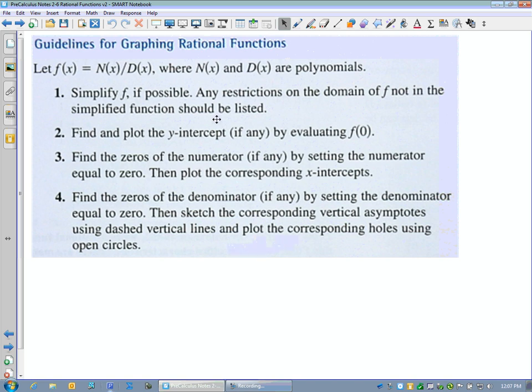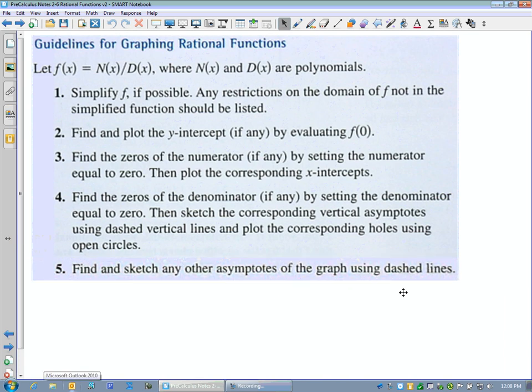Also, if we had any factors that canceled out when we simplified, we want to mark those as holes with open circles. Then next we want to sketch any other asymptotes using dashed lines. That would be horizontal asymptotes or oblique asymptotes.